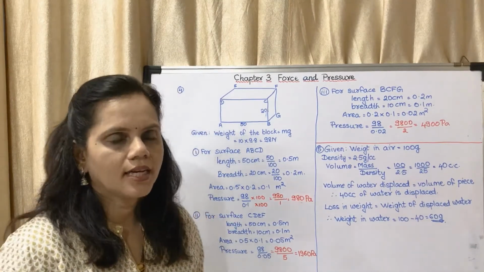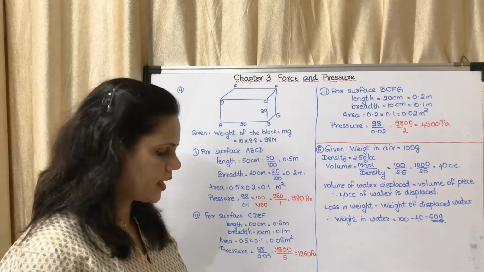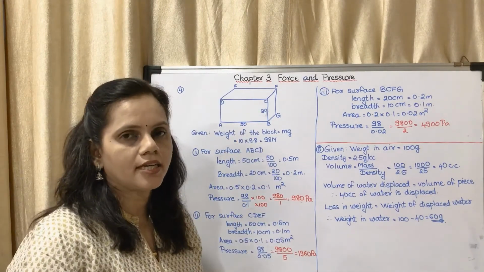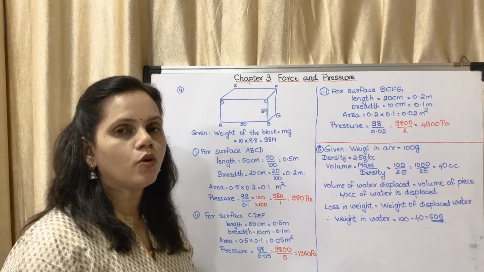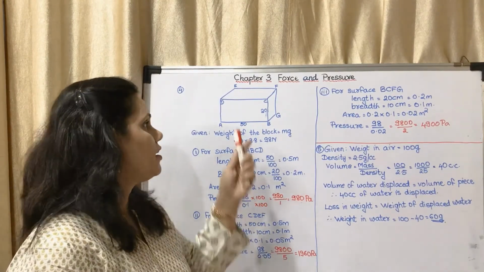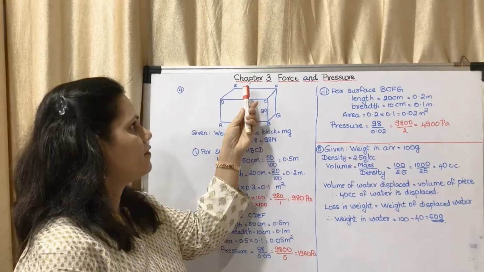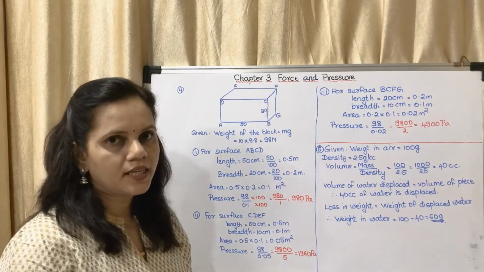This is a block, and you have to place it on a table. Now the question is, when will the pressure be more, if this surface is facing downwards, or this surface is facing downwards.